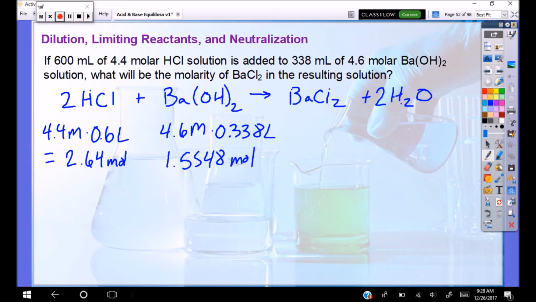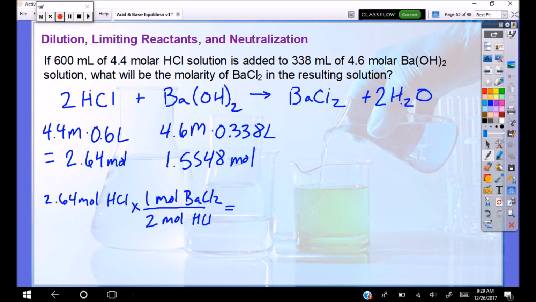Well, we need to do mole-to-mole ratios for each of these to figure out how much barium chloride we actually have. So if I have 2.64 moles of HCl, I have to use my mole ratio. I know I have 1 mole of barium chloride for every 2 moles of HCl, based on my balanced equation. So half of that, what's half of 2.64? 1.32 moles of barium chloride would be formed, right?